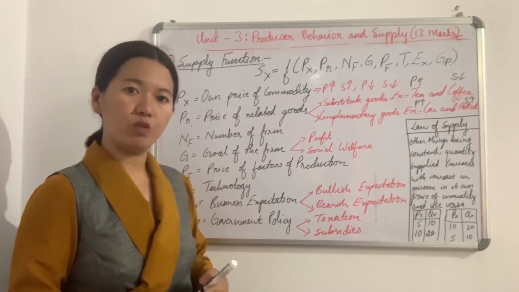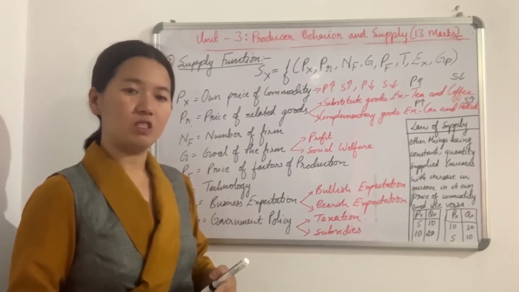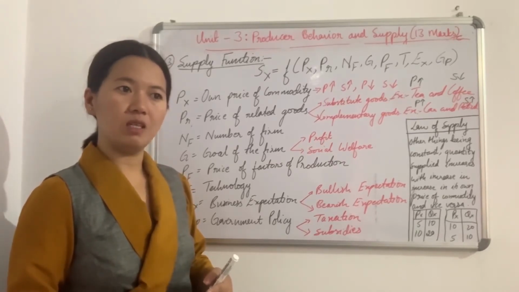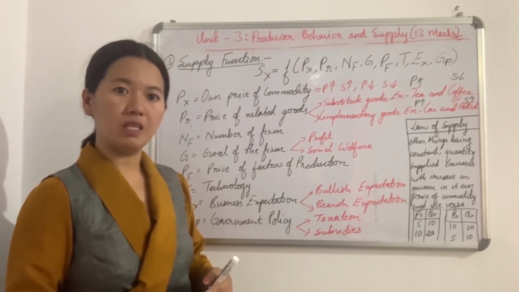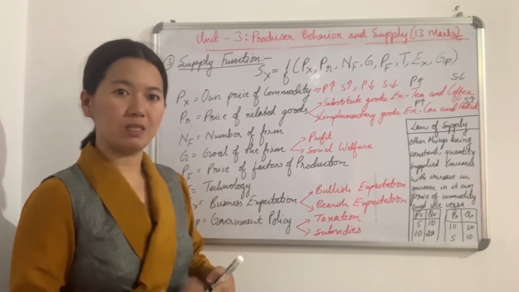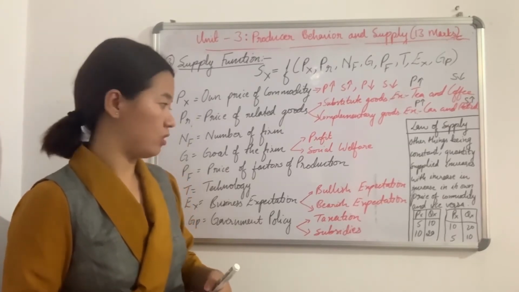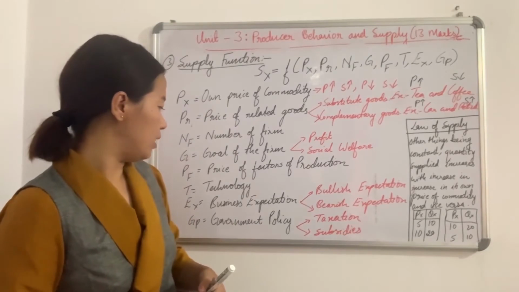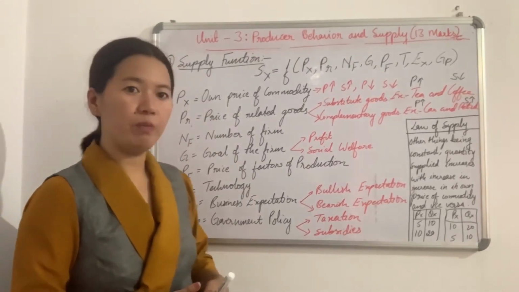And when the producer feels that there will be less demand or no demand, then he is not willing to take risk and he will decrease his production or decrease his supply. That is bearish expectation. And the last determinant is government policy.